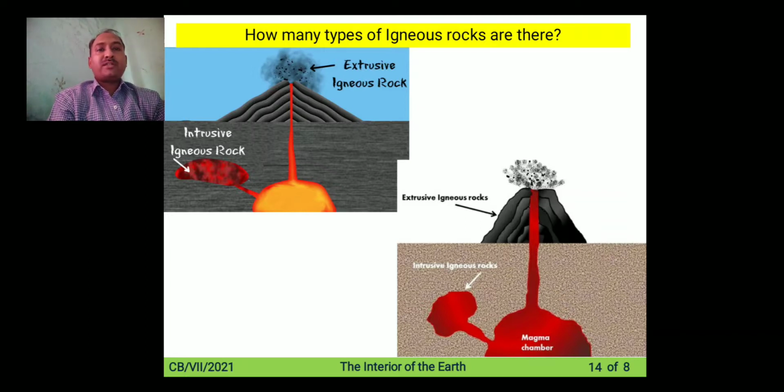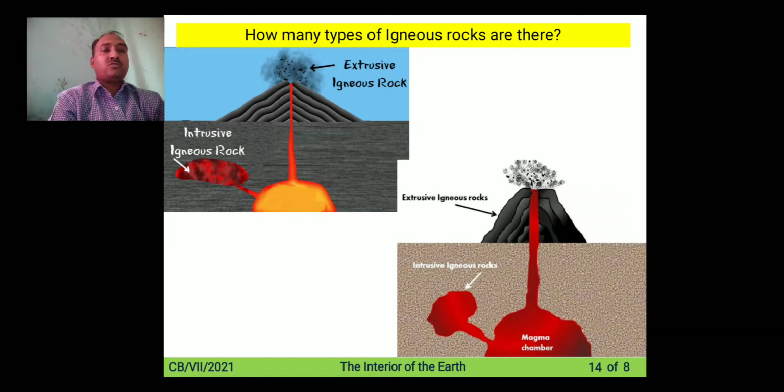Now we have to understand intrusive igneous rocks. When lava tries to come to the surface but doesn't get a vent, it just solidifies and cools down inside the earth. The particular kind of rock that is formed there is called intrusive igneous rock.